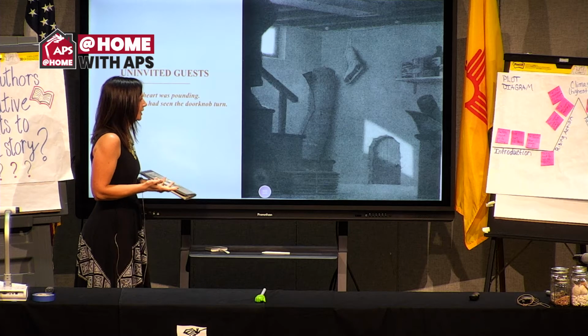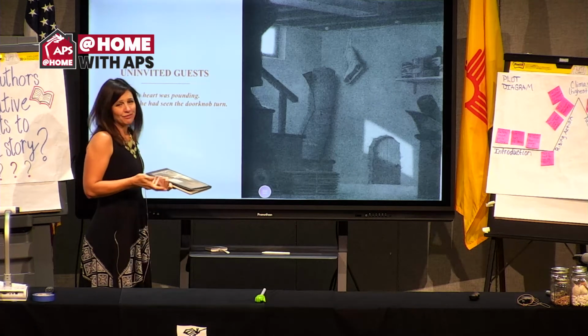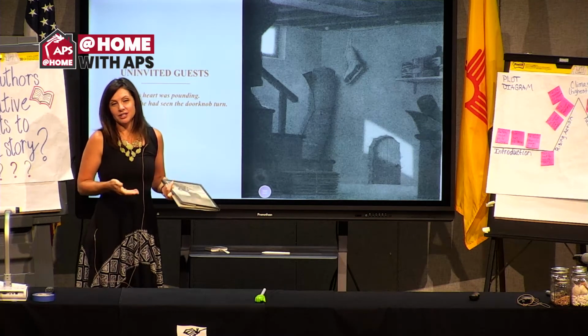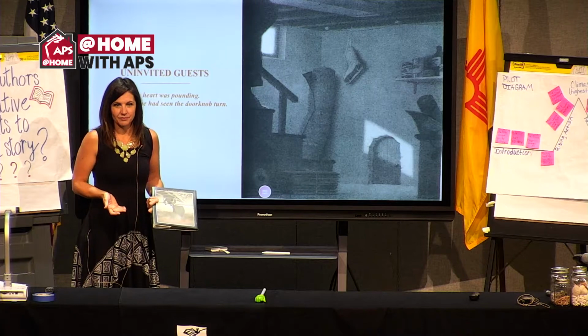Then we're given 2 sentences. His heart was pounding. He was sure he had seen the doorknob turn. So he is not turning the doorknob. He saw the doorknob turn. I feel this is perfect for turning into mystery writing.